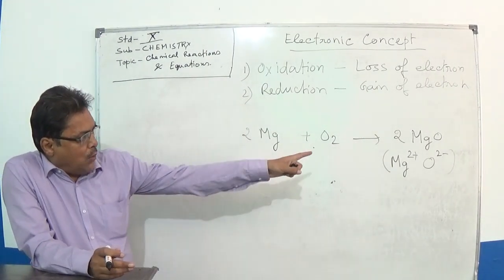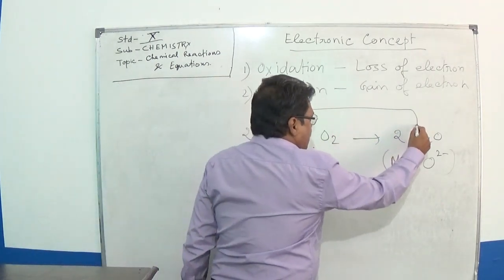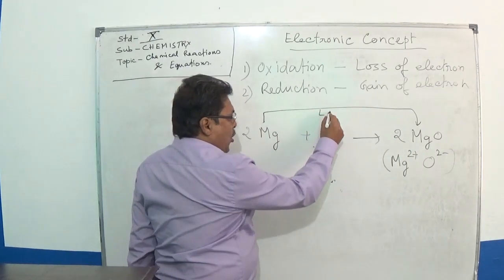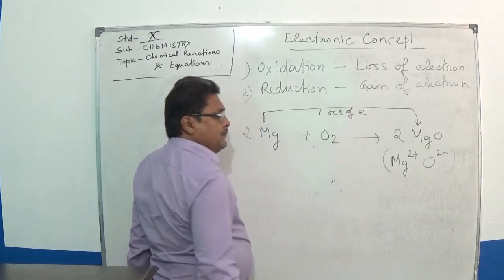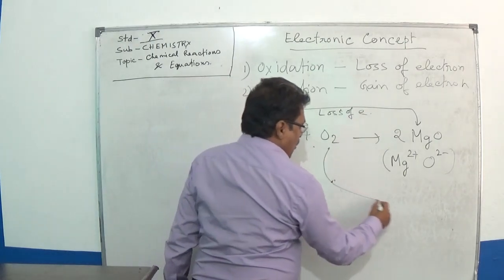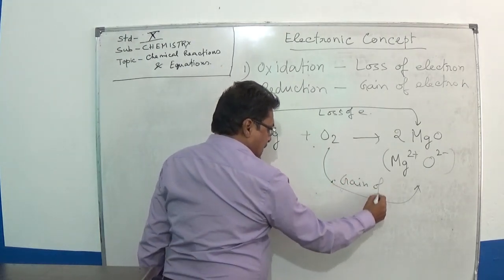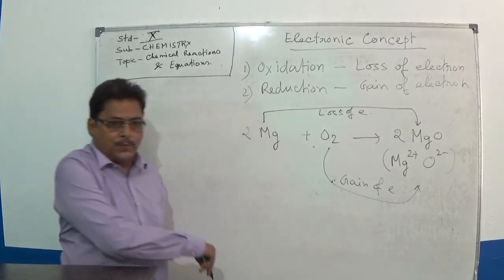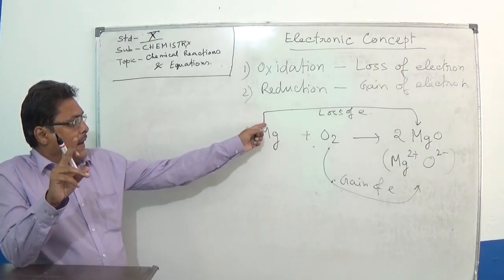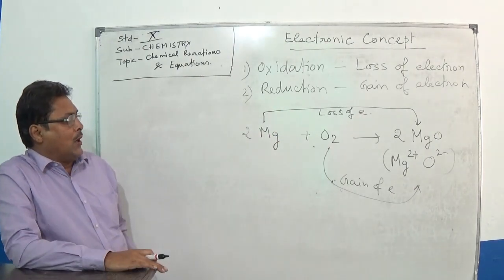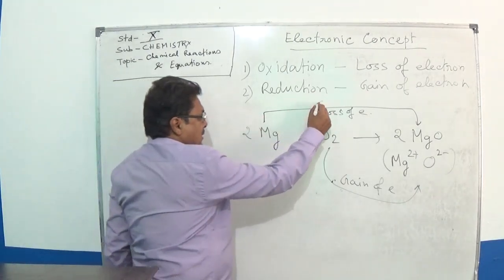So what happened according to this conception is that magnesium has lost electrons and oxygen by the same process has gained electrons. Magnesium has lost an electron, so in that sense, that is oxidation.